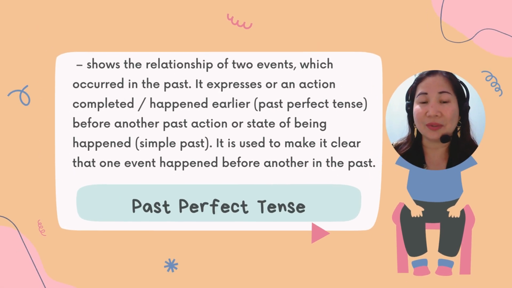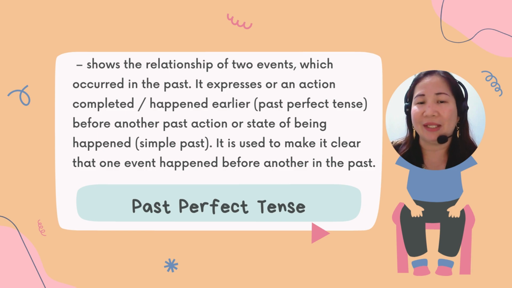Okay, so now let's go to the second type of perfect tense, which is the past perfect tense. It shows the relationship of two events which occurred in the past. It expresses an action completed or happened earlier, which is the past perfect tense, before another past action or state of being happened, which is the simple past.